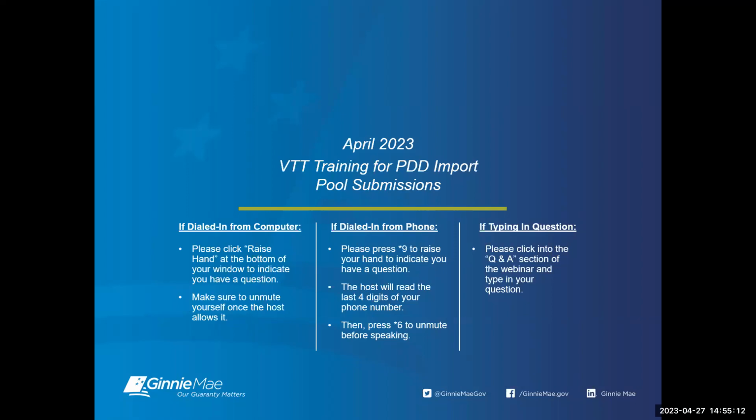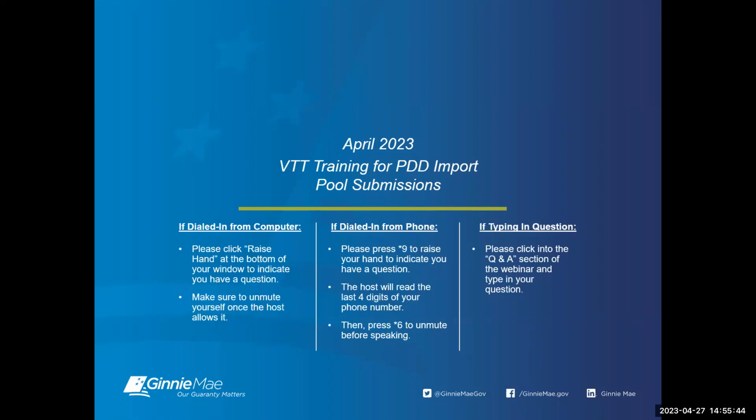All right, and our next question is, will we be able to test manual entries on the ULDD in the future? This question is throwing me for a loop a little bit. So manual entry, again, that's a function that's specific to the pooling application SFPDM. If you're doing manual entry, then that's where you'd be doing it. You won't be doing any testing in the VTT. And as far as ULDD, obviously our data set is the PDD, which is unique in its own right for Ginnie Mae.